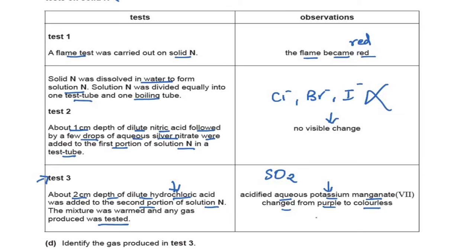So test 3 shows that our anion is SO3 2-, sulfite, and the cation is identified here. The flame became red. Now a red flame is generally given by lithium metal, that is Li+. So lithium and sulfite are present.